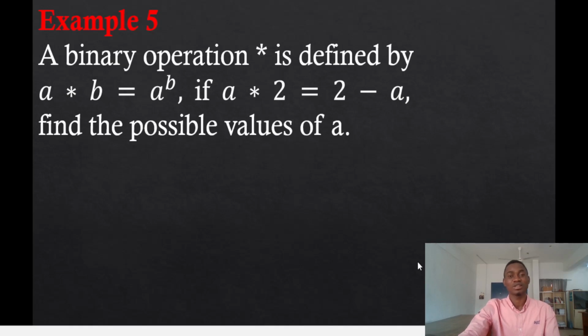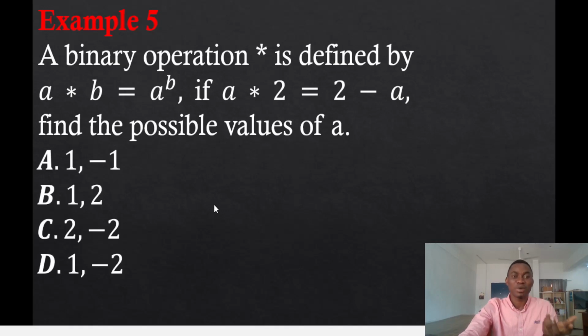And as I said earlier, one good thing about this topic is that for every question, a formula is always given to you. So all you just have to do is to carefully apply the formula.